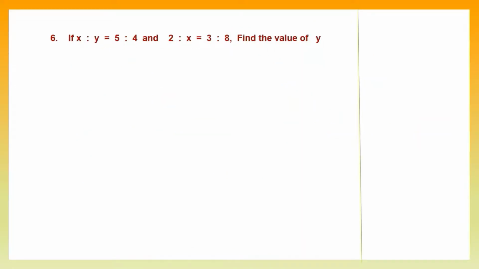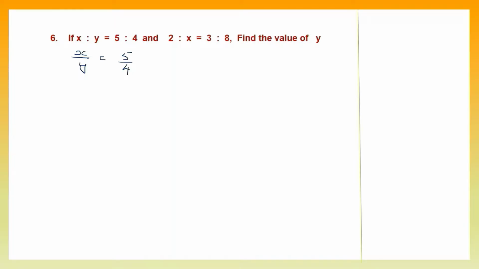Question 6. If x is to y is 5 is to 4 and 2 is to x equals 3 is to 8, find the value of y. So we have to find the value of y based on this. Here what is given to us is x is to y is equal to 5 is to 4. We can write it as x by y equals 5 by 4.